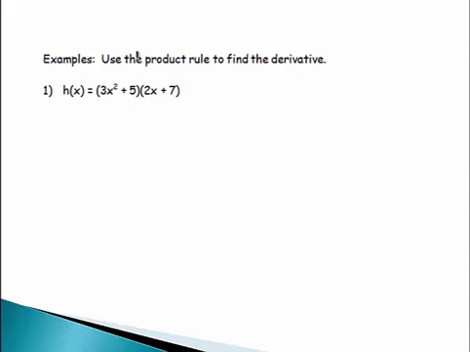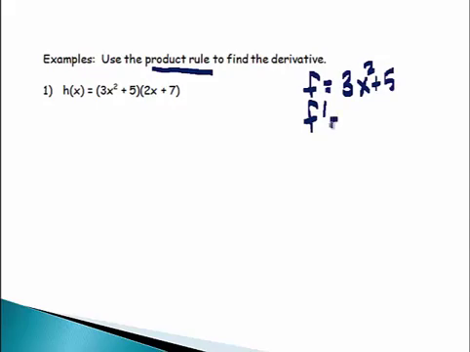All right, here's an example. Now, I want to talk about this just because you can do this a different method that we learned a couple lessons back. But there will be some times where the only way that you can do it is by the product rule. So that's why I just want you to do this according to the product rule. So off to the side, I would write that f, my first function, is 3x squared plus 5.